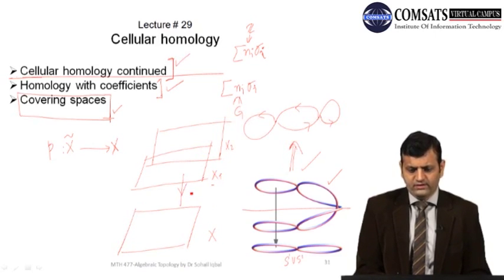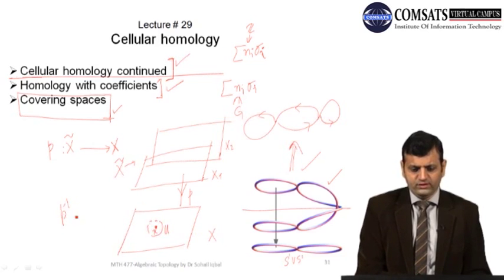So we have a continuous function P from this covering space X tilde to X, such that if I take an x in the base space capital X, then there exists an open set U such that P inverse U is a disjoint union of open sets.